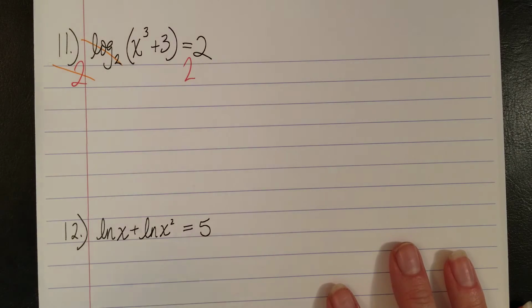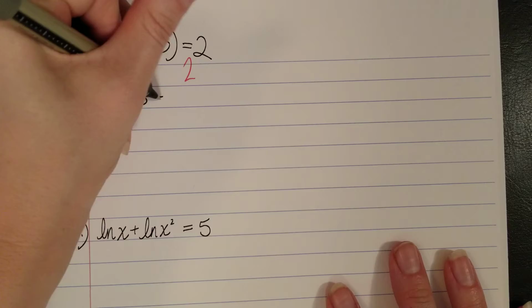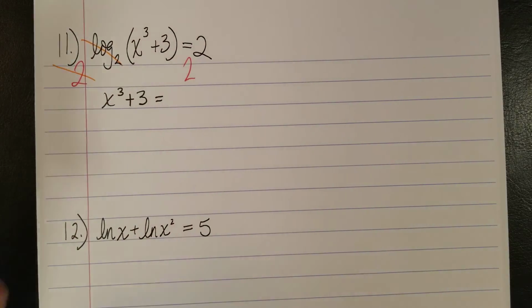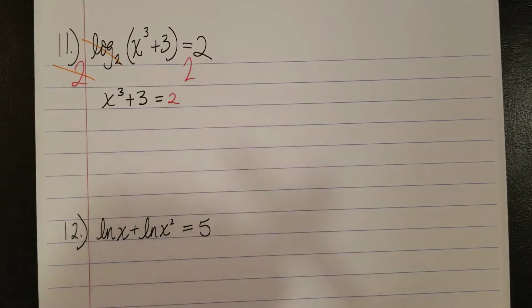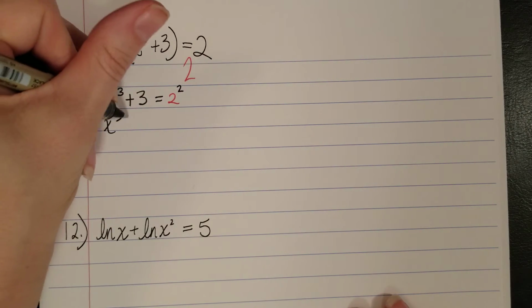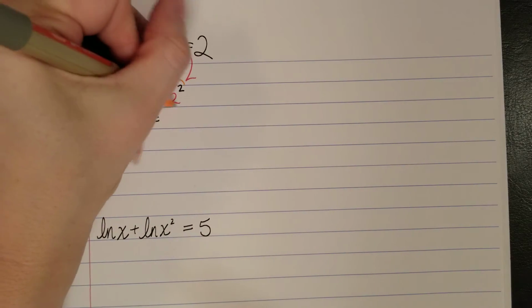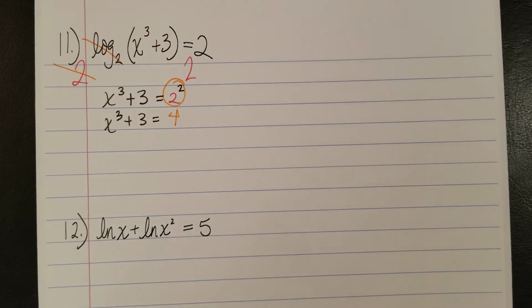So that would give me x cubed plus 3 equals 2 squared. And I know that 2 squared equals 4. So I have x cubed plus 3 equals 4.